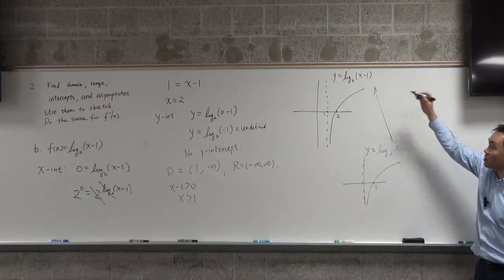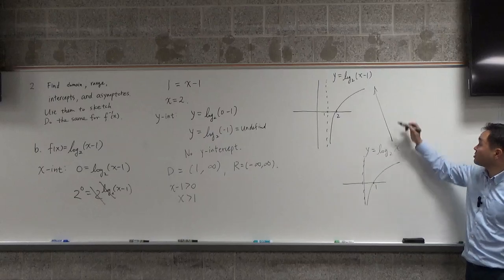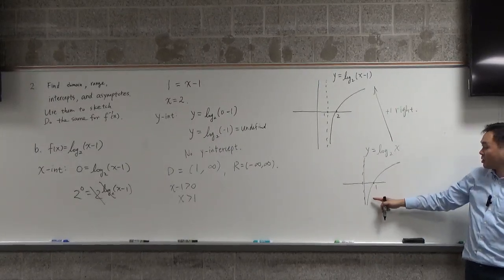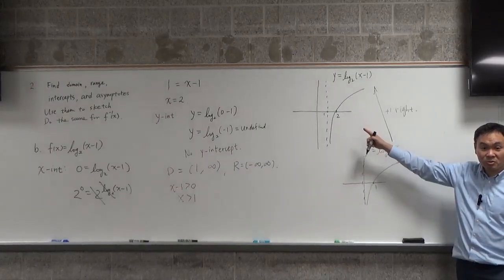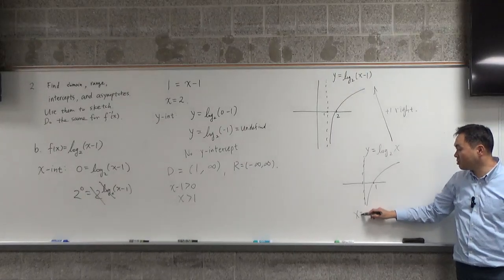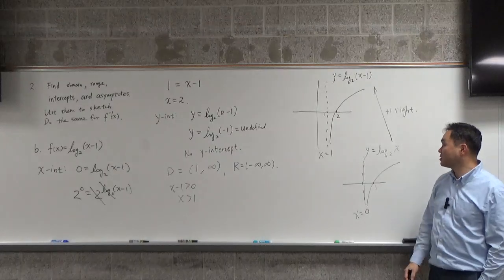What's happened from here to there? The graph moves 1 to the right, so plus 1, right? So that's exactly what happened. This 1 now becomes 2. The vertical asymptote that was at x equals 0 now gives you the vertical asymptote x equals 1, right?